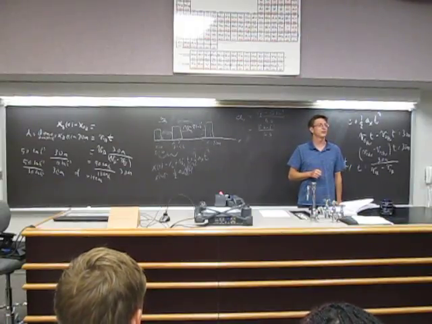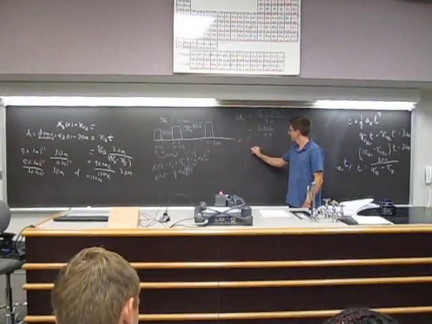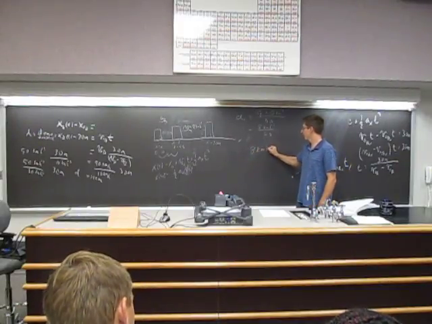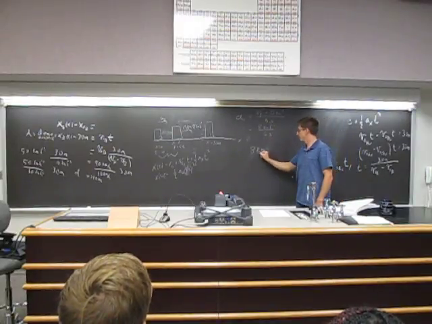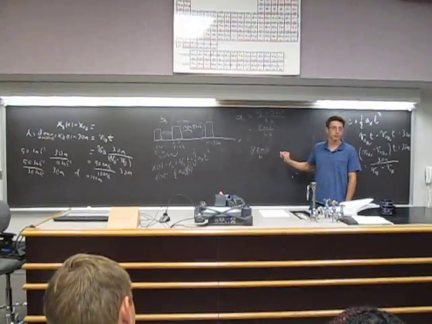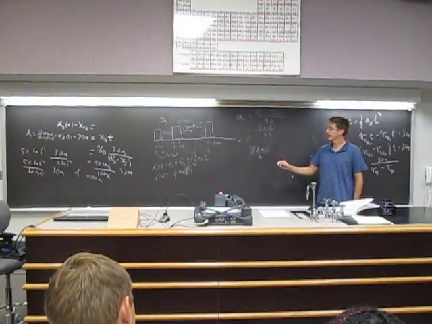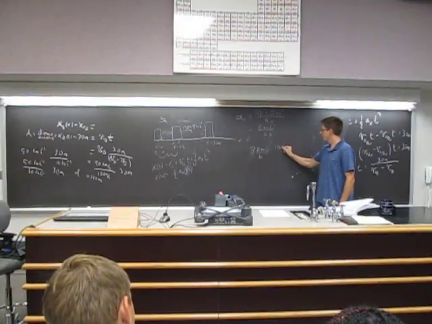Should we go through the conversion from kilometers per hour to meters per second? So 8 kilometers per hour. I'm going to multiply by 1 until I get to meters per second, but I'm going to write 1 as 1,000 meters, same thing as 1 kilometer.